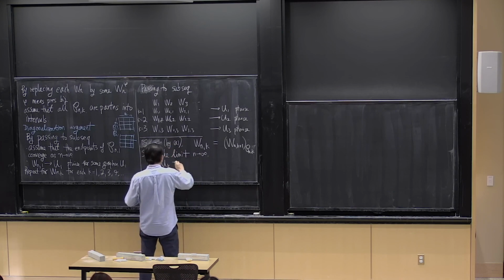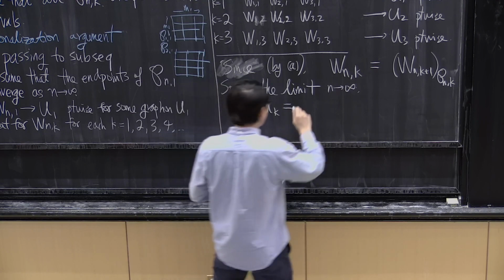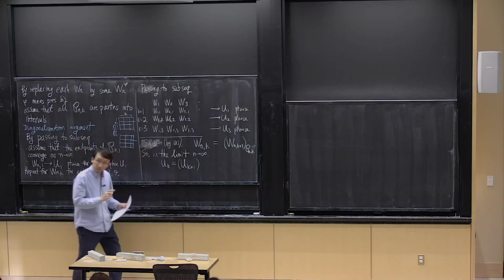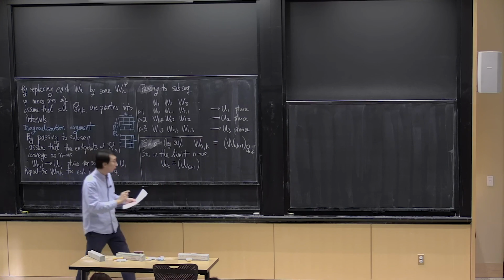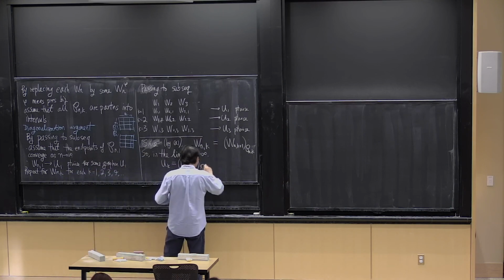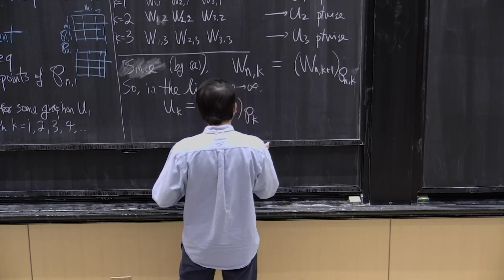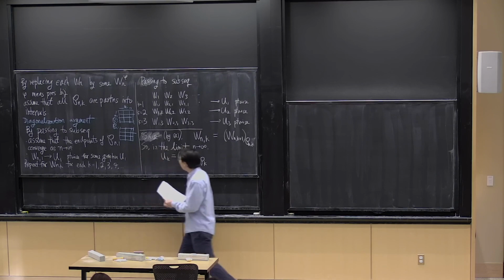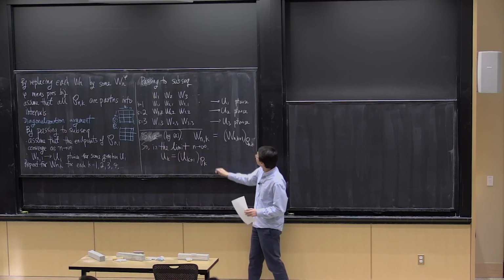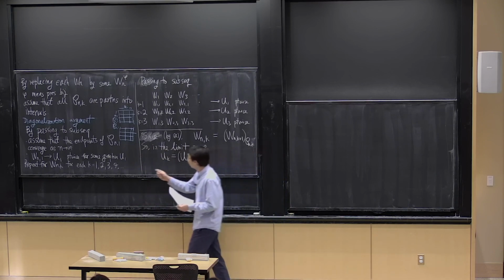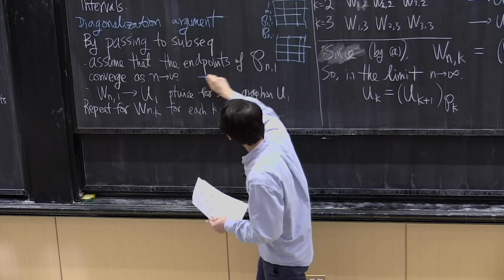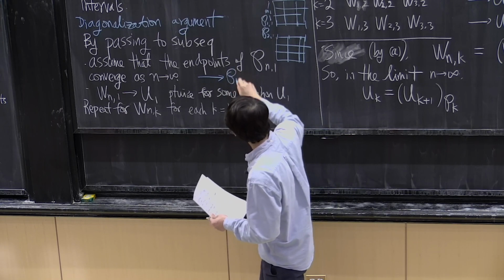Namely, U sub k should equal U sub k plus 1 if I step it with P sub k, where P sub k is the limit of these partitions. If you look at all these endpoints, they converge.